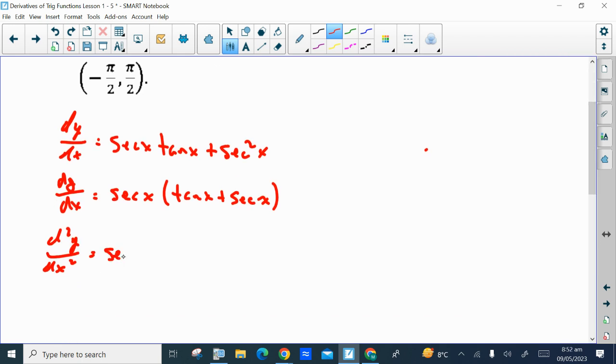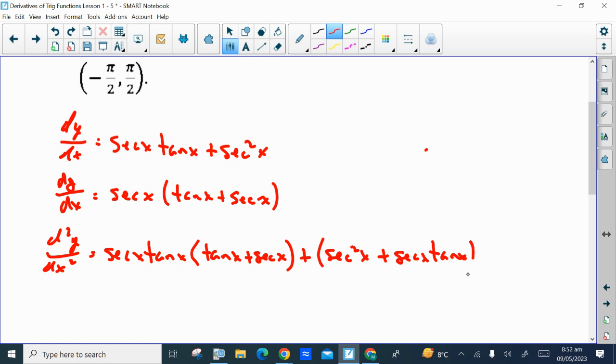So this will be sec x tan x times the second factor plus the derivative of the second factor. The derivative of tan x is sec squared x plus the derivative of sec x is, again, sec x tan x, times the first factor, which is secant x.